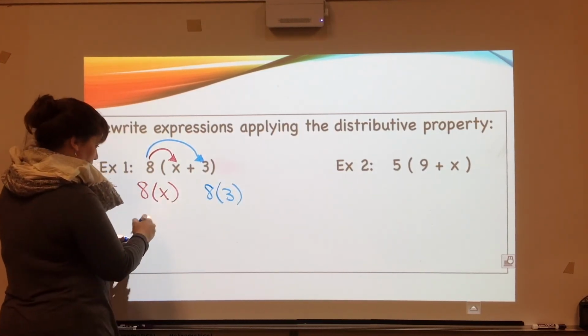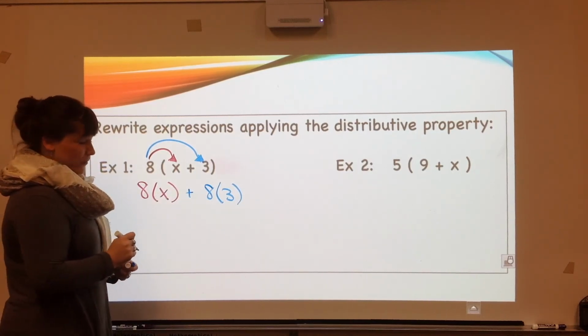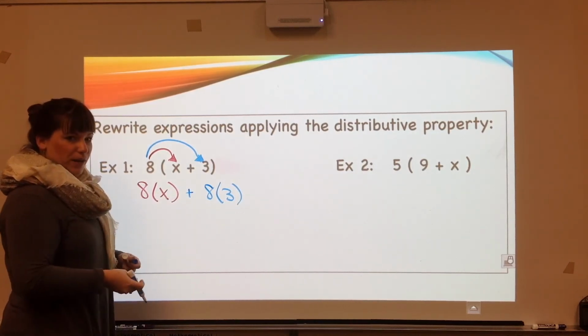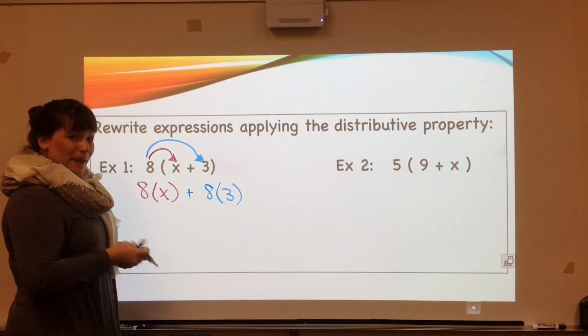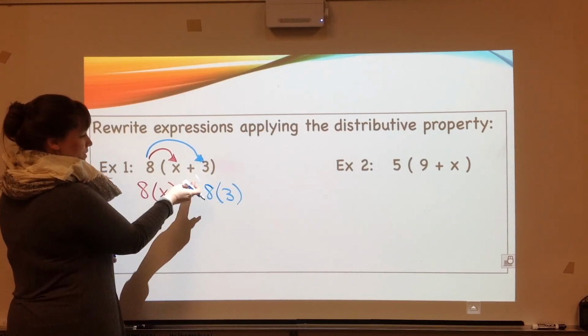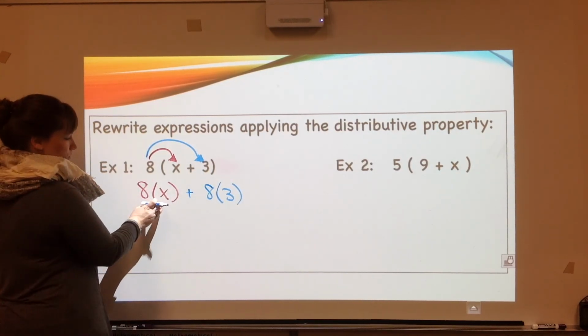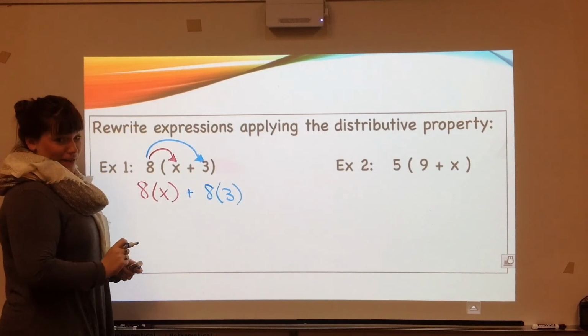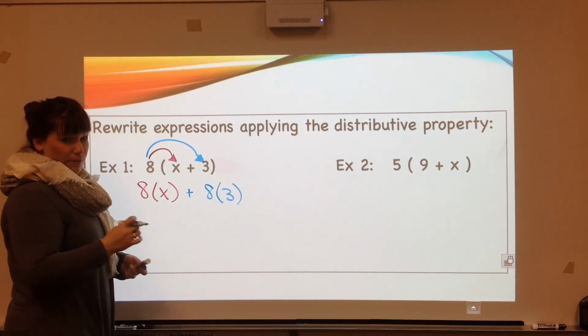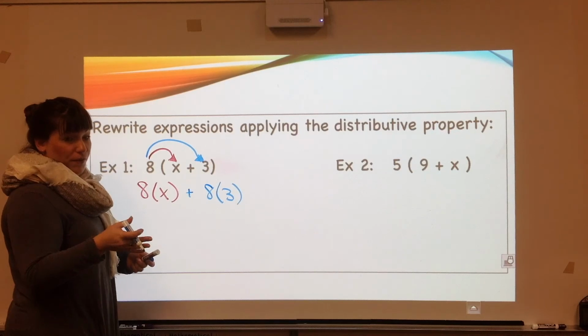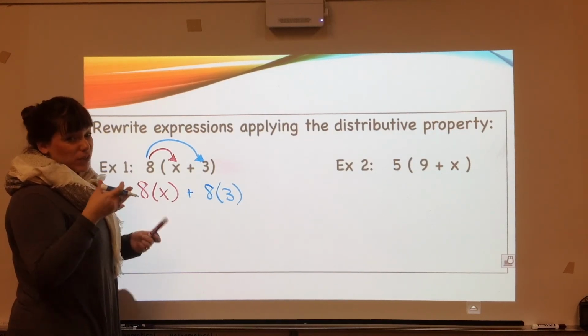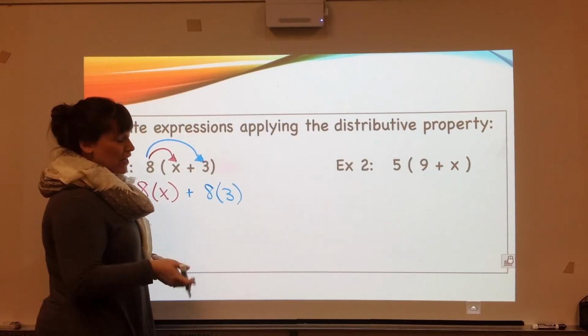And then we're going to add them at the end. So it's just another way to do the math. Instead of adding first and then multiplying, we're going to multiply first and then add. So we're playing with things a little bit, but the cool thing about the property is it equals the same thing. It doesn't matter in this case what we do.